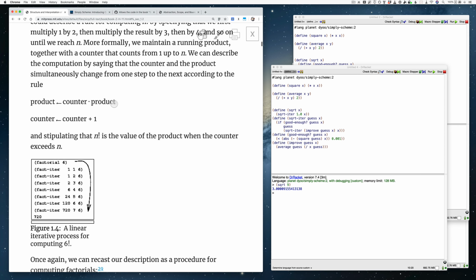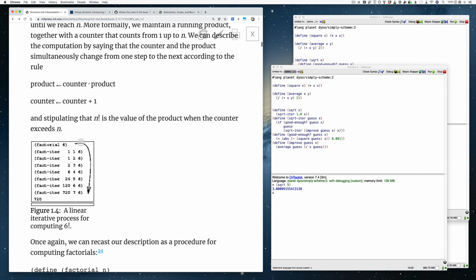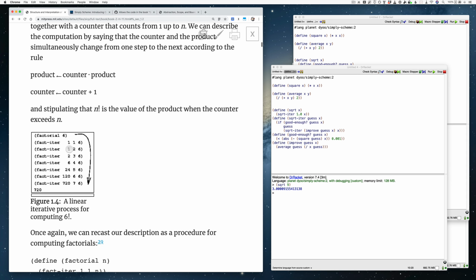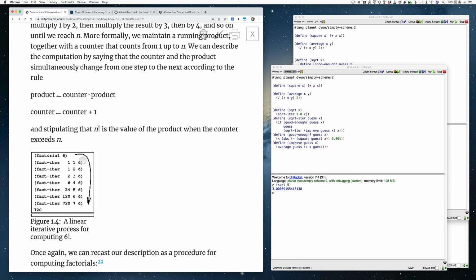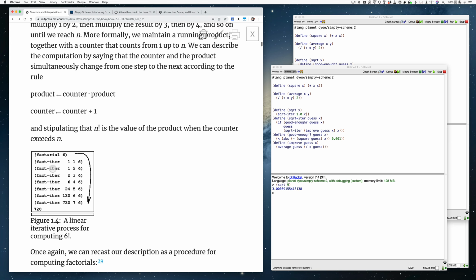Right. So you can see the flow here. This is the product, this leftmost column, and this is the counter. They both start off at 1, and you can see, because we're doing factorial 6, that stays constant.